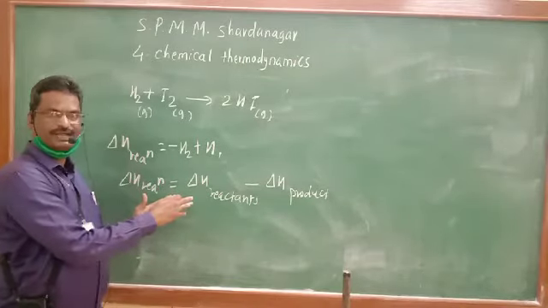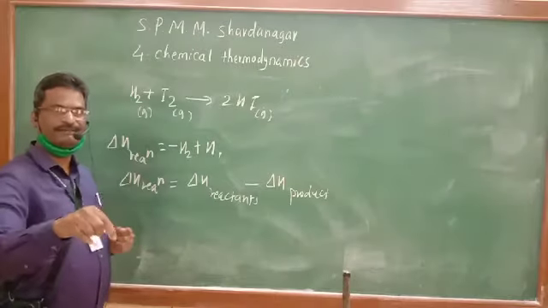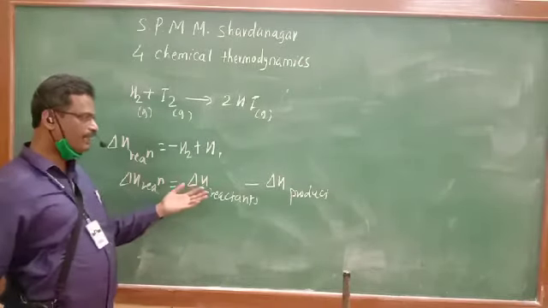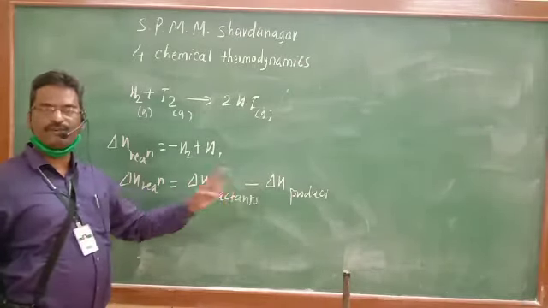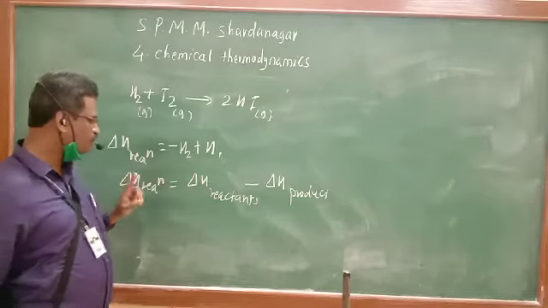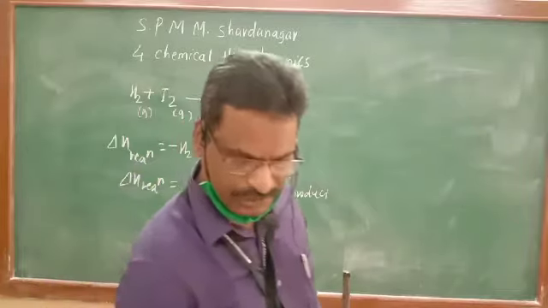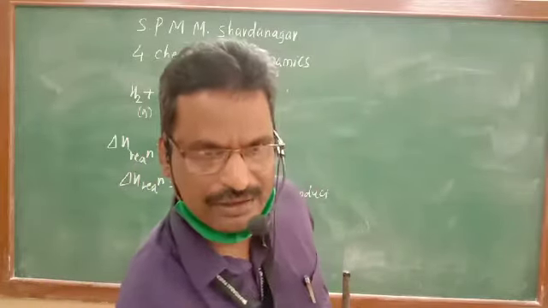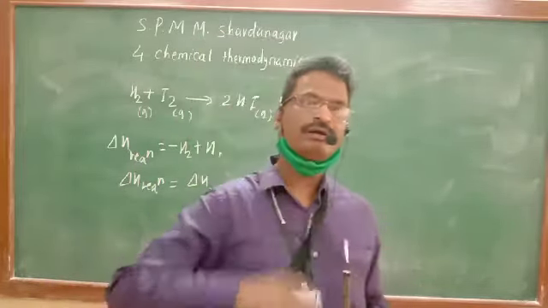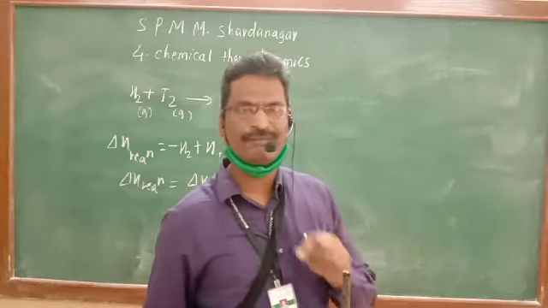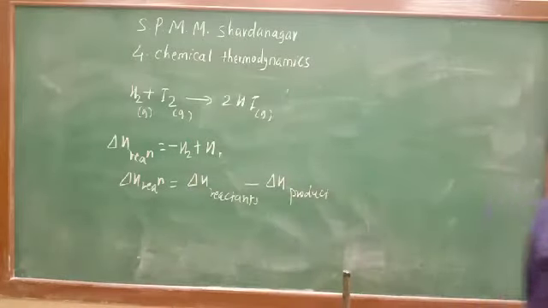Instead of product minus reactant, if we know the bond enthalpies, the formula is bond enthalpy of reactants minus bond enthalpy of the products will give us the enthalpy of reaction. Now you will come to know this very easily after an illustration with the help of one problem. So let us see that problem.